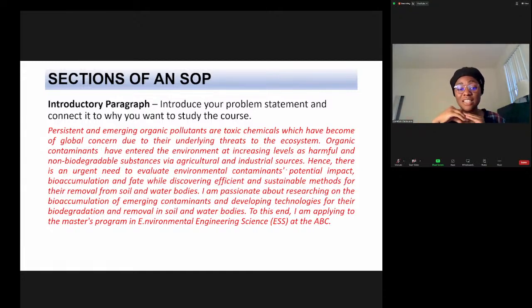Now, the person is opening the statement with contaminants. It's telling you contaminants, and the person is so direct. And probably the person is using organic pollutants because their research interest is specifically organic pollutants. And probably the person has also checked the professors working in the program, and he knows which of these professors are interested in organic pollutants, right?